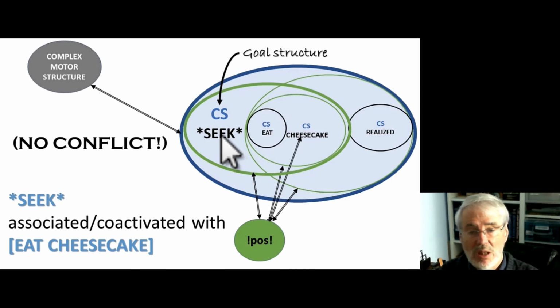And this particular one is activated and activates an associated pattern of motor structures which, to cut it short, mean all the things you need to do physically to make that a realized state. And the realized state, of course, is positively valued. All of this is carried out then, and there is no longer any conflict.